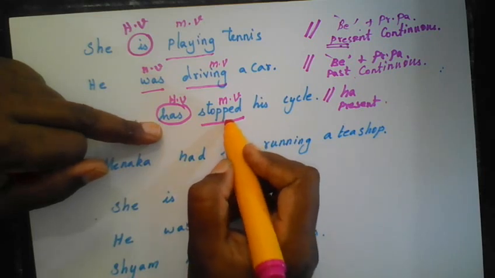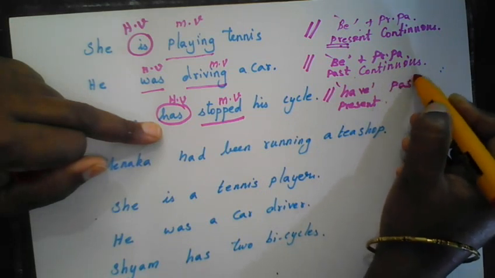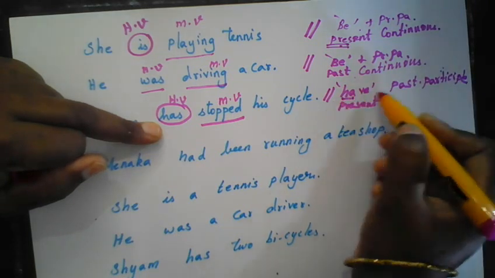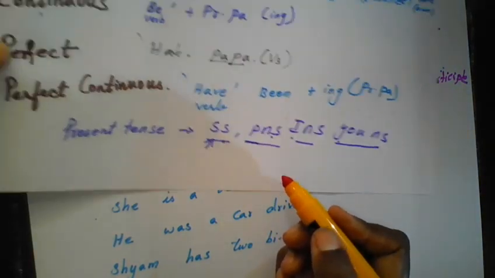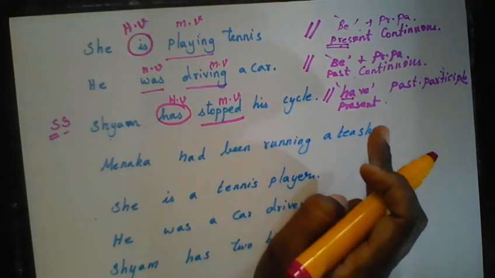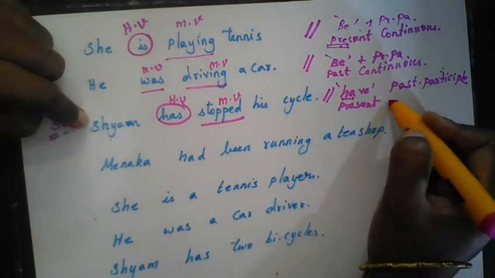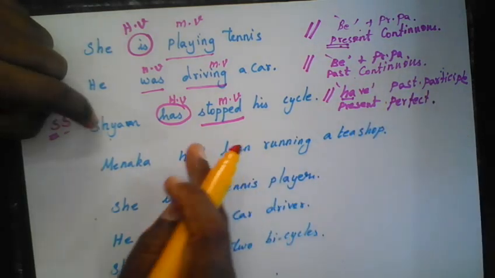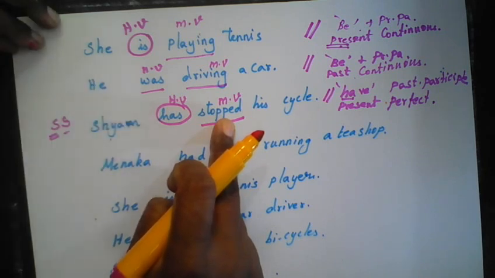Stopped is the past participle form. So have verb plus past participle, which says what tense? In a sentence, if you find a have verb plus past participle, then what kind of tense is present in that sentence, my dear? It is present perfect.